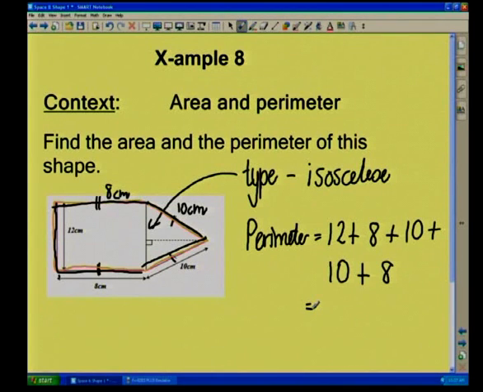And if we add those all together, that should get us 20, 30, 48. And because we've got a distance that we are measuring around the outside, that will just be in centimeters, not centimeters squared, just centimeters. So the perimeter of our shape is 48 centimeters.